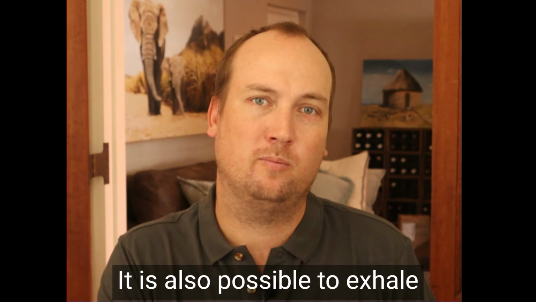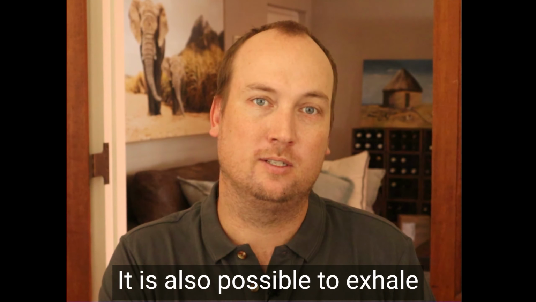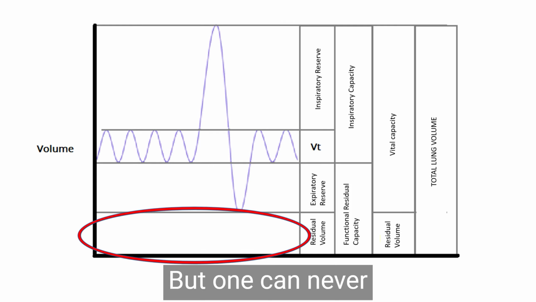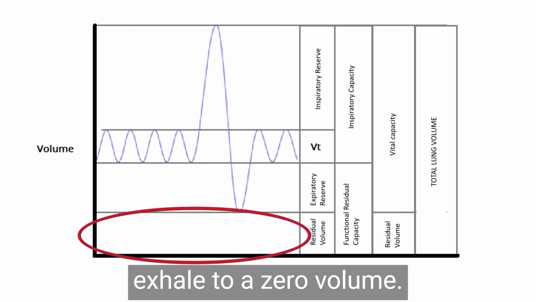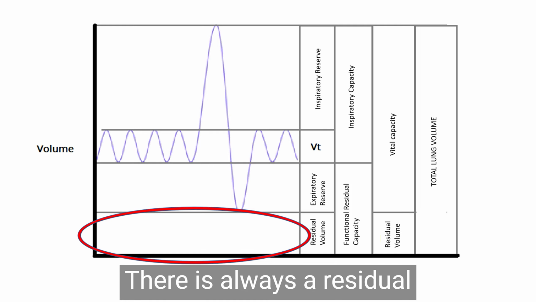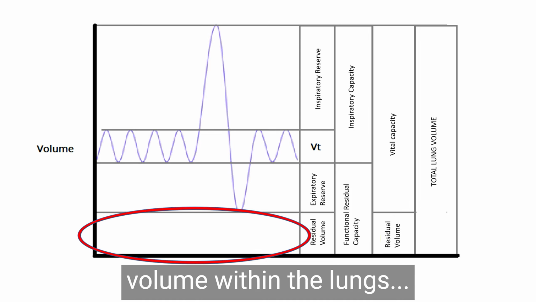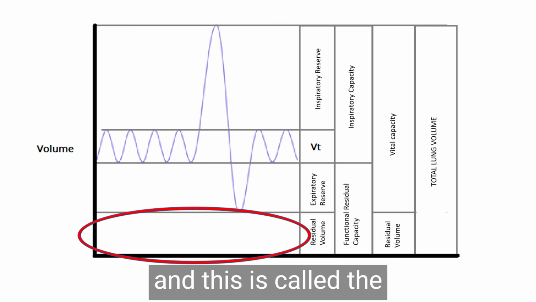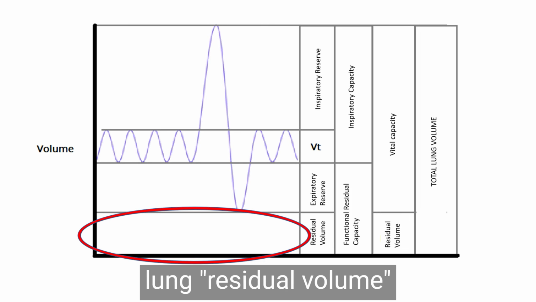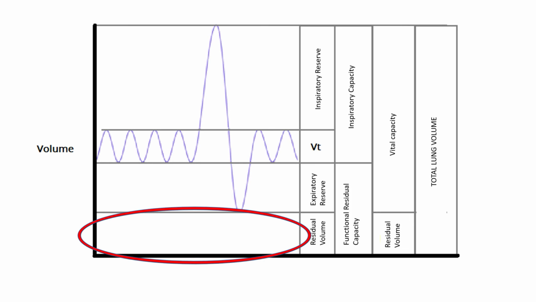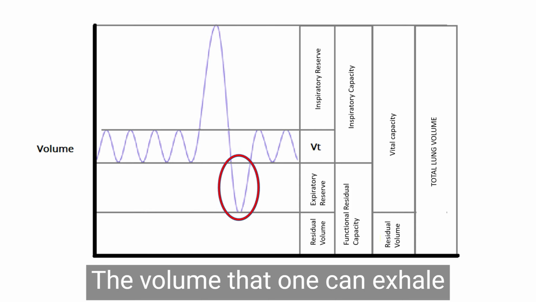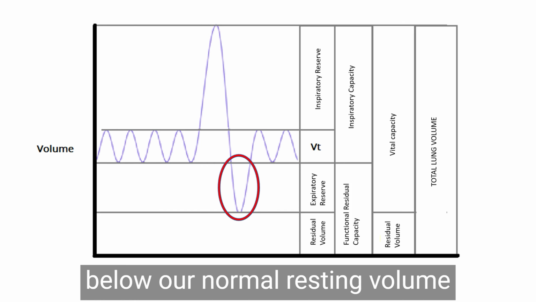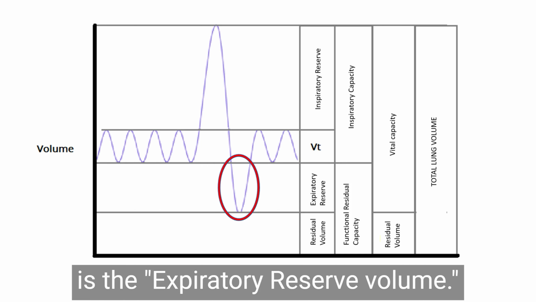It is also possible to exhale deeper than normal, but one can never exhale to a zero volume. There is always a residual volume within the lungs, and this is called the lung residual volume. The volume that one can exhale below our normal resting volume is the expiratory reserve volume.